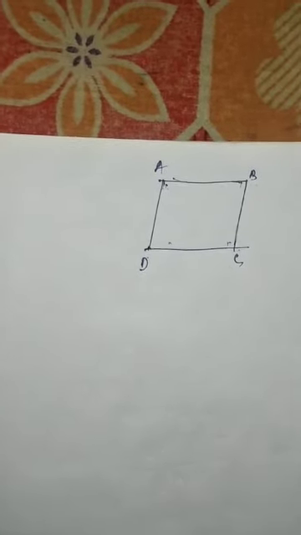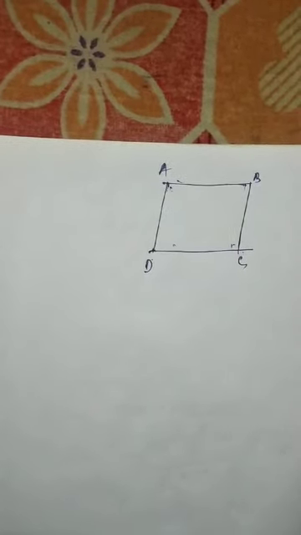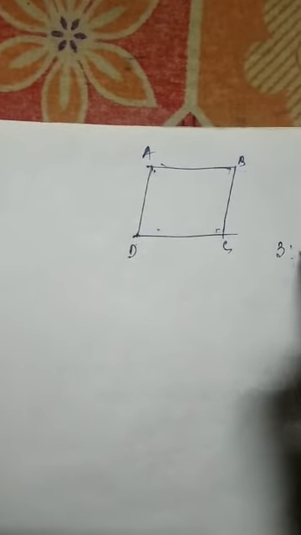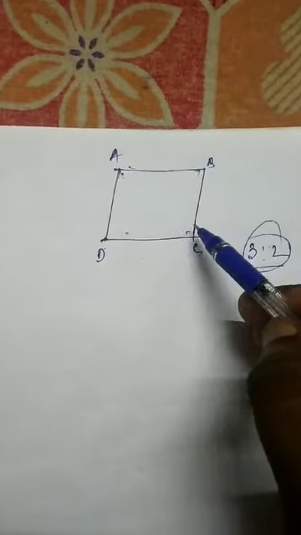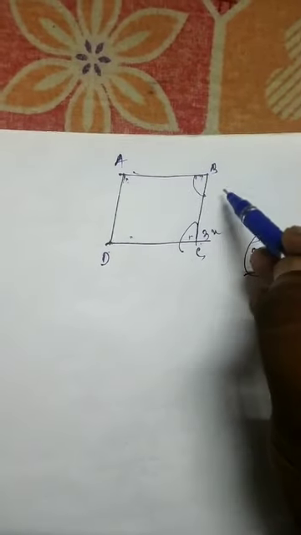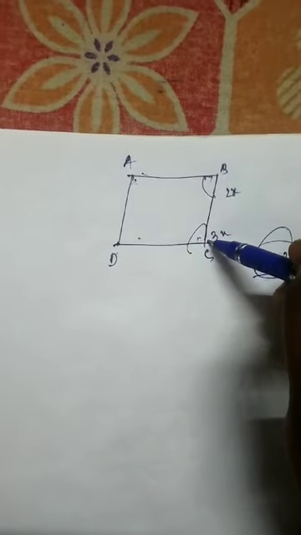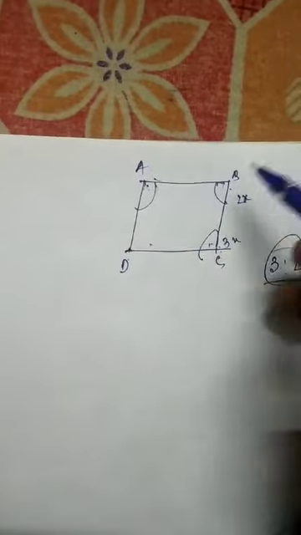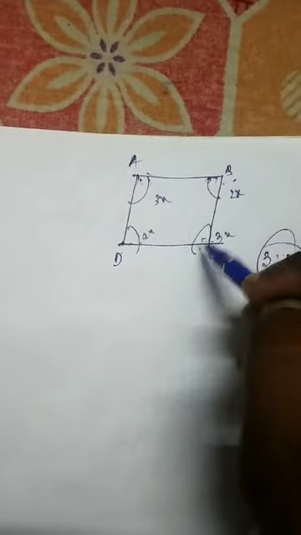So the measures are in the ratio 3:2. Children, 3 and 2 are not the real measures of these angles; they are given in the ratio. So I could consider C as 3x and B as 2x. Of course, angle A is going to be 3x and D is going to be 2x, because we know that opposite angles are of equal measures.